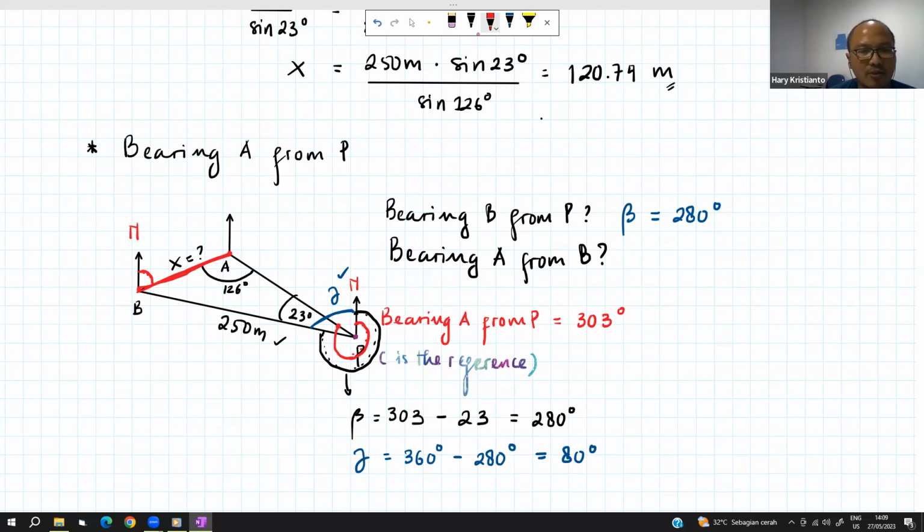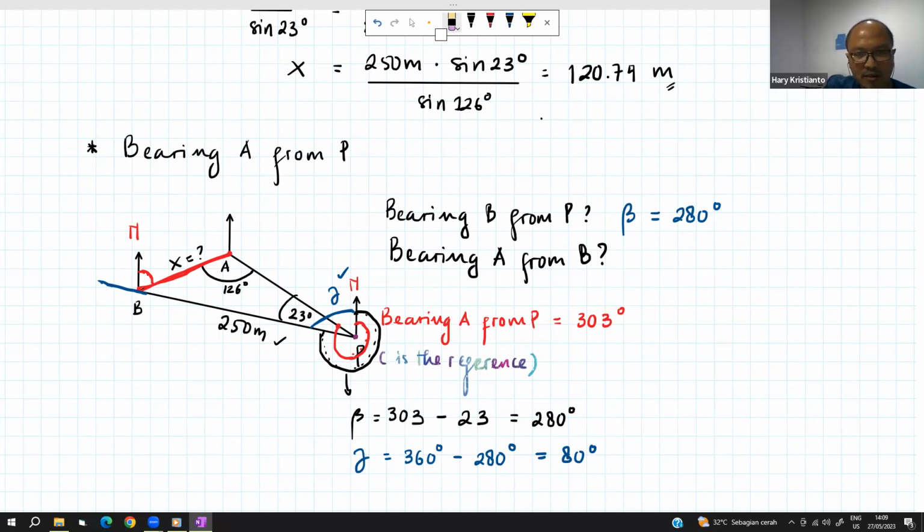Would you like to try to give me your suggestions? If not, let me give you one more hint. I will extend this line to here. And look, this north to this line is similar to this north to this line.